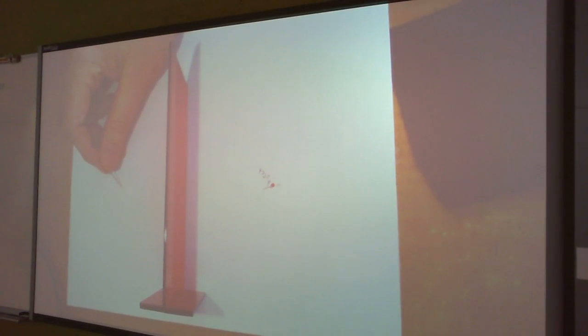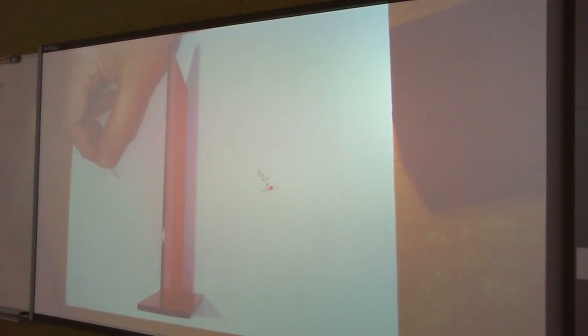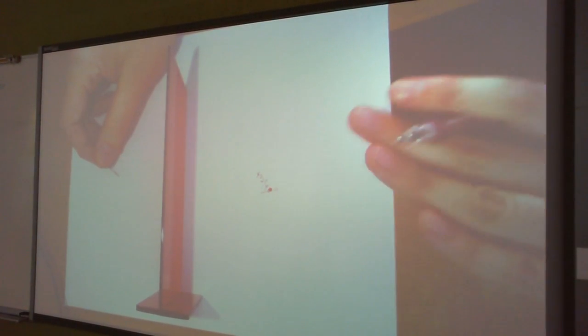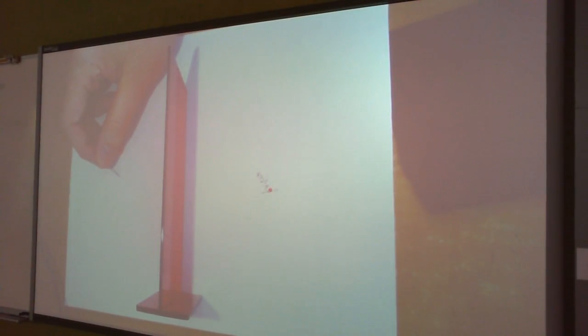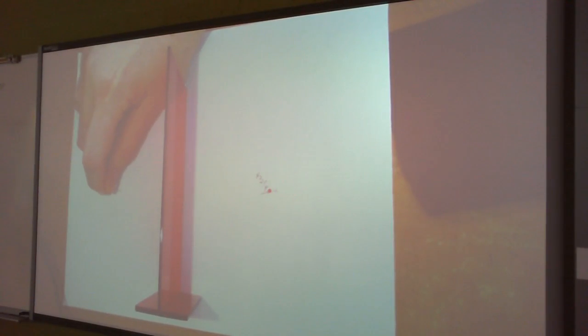You need to actually look like I'm looking at it. So from this front view, look into your mirror. Do you see that reflection? And put a pin exactly where that reflection is.